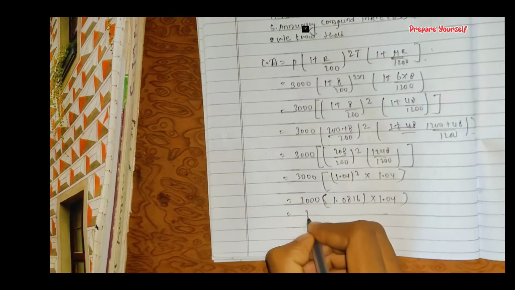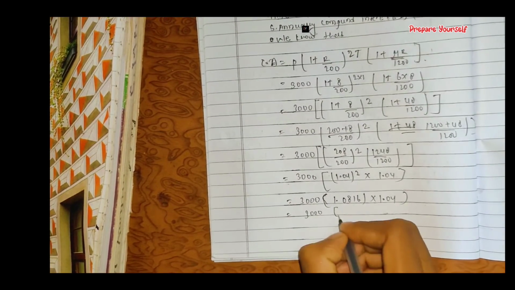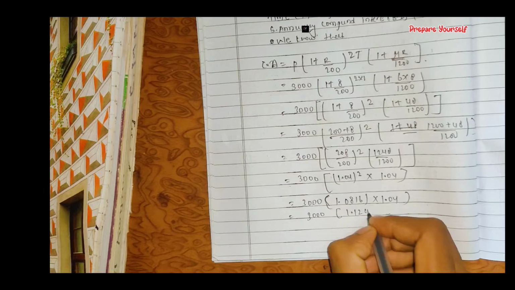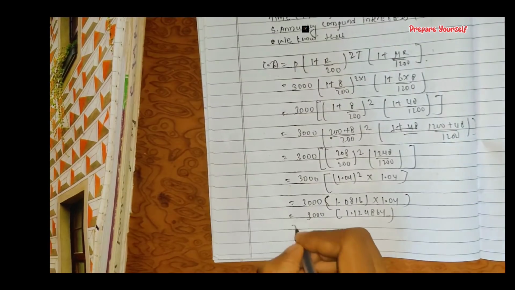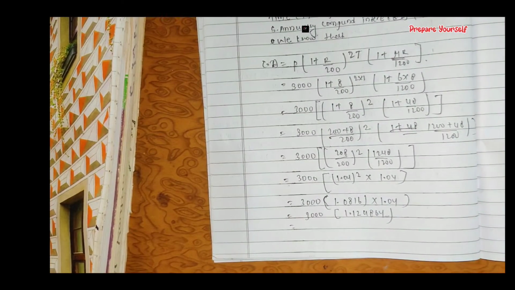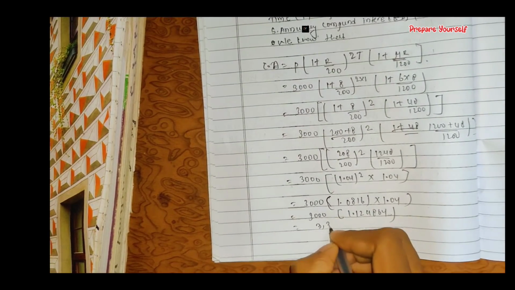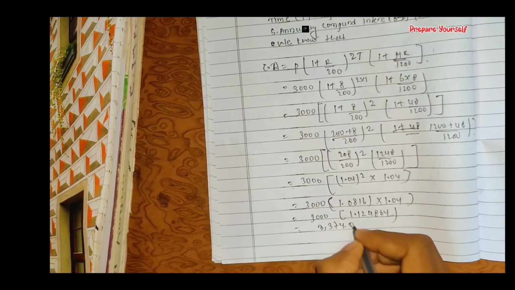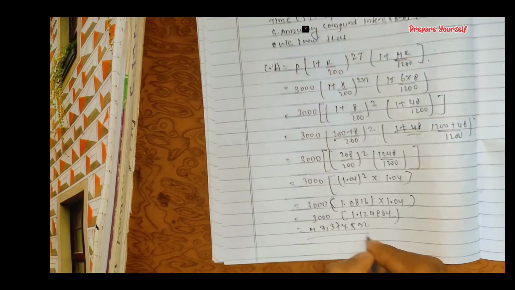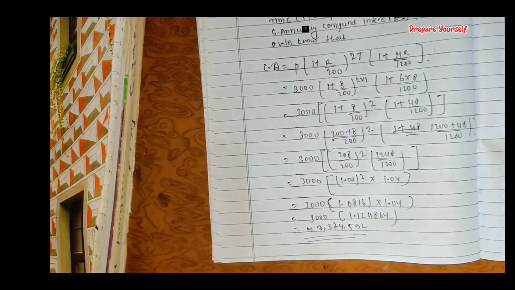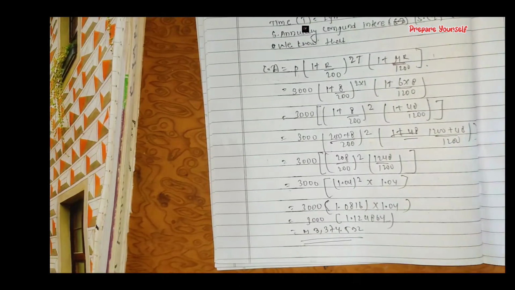So the answer will be 1.12486. Now we multiply this with 3000, so the answer will be Rs 3374.592. So this is the compound amount.